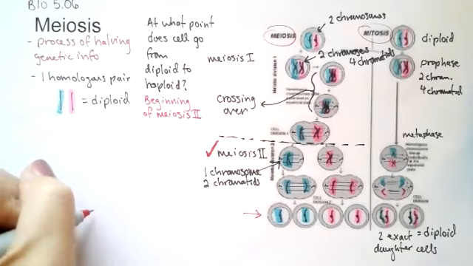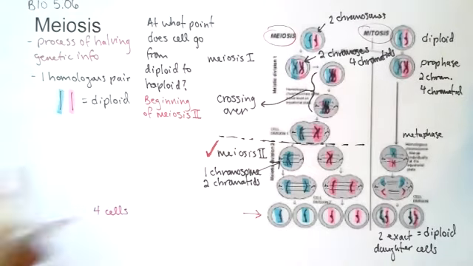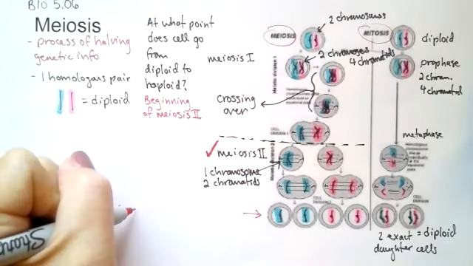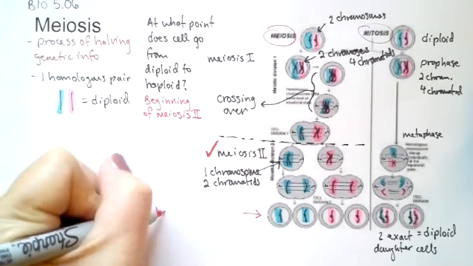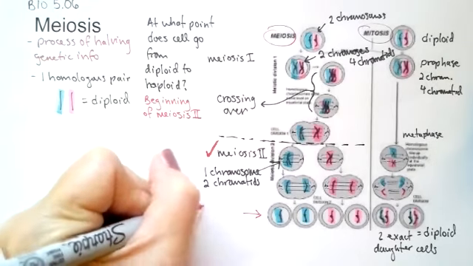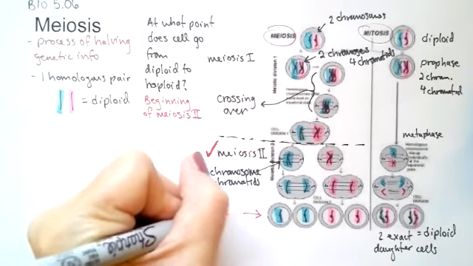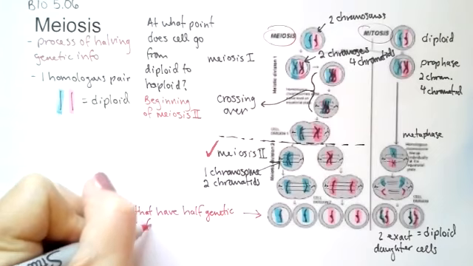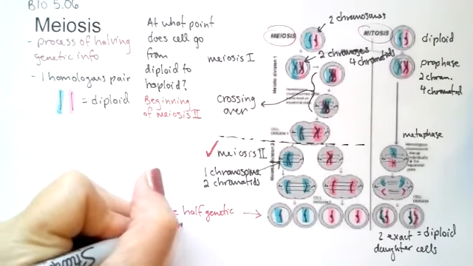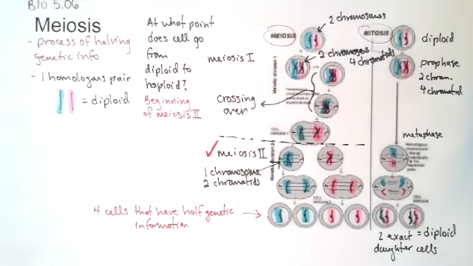And look at our end product. We have 4 cells that are produced that have half the genetic information. We need that because if you try to do fertilization here, you would end up with 4 chromosomes and that wouldn't work.